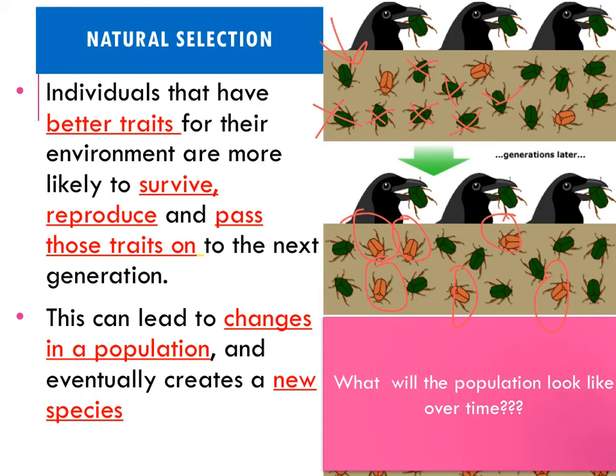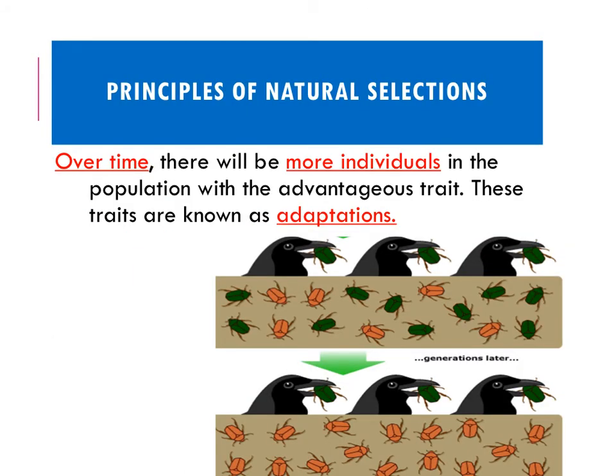And it's because nature is selecting for the brown bugs because they have a trait that's allowing them to survive, reproduce, and then pass those traits on to their offspring. So, as you can see in this picture, we have our answer here.